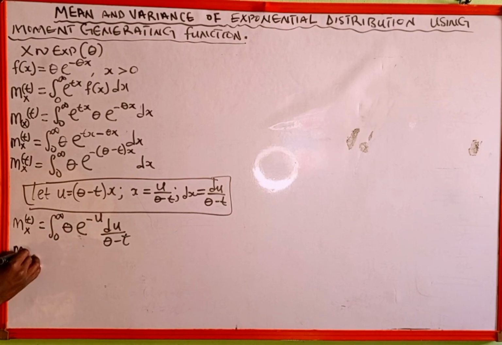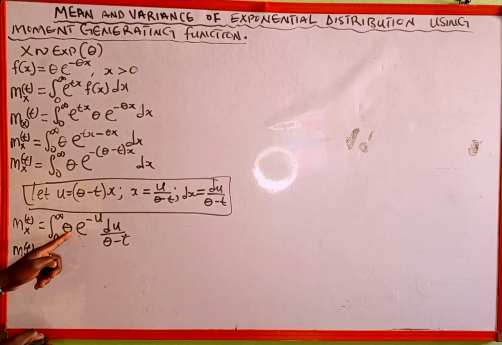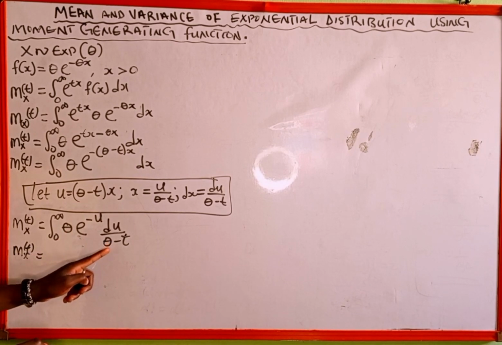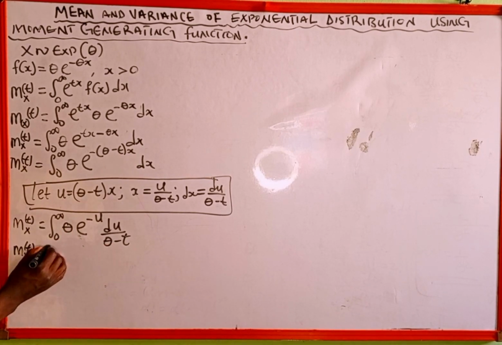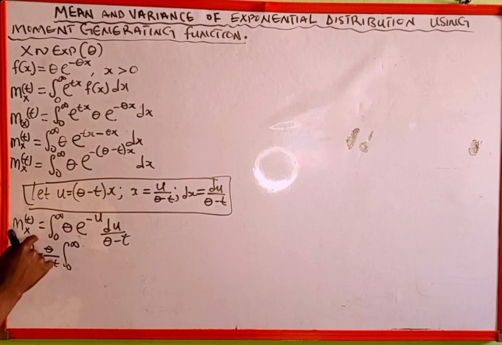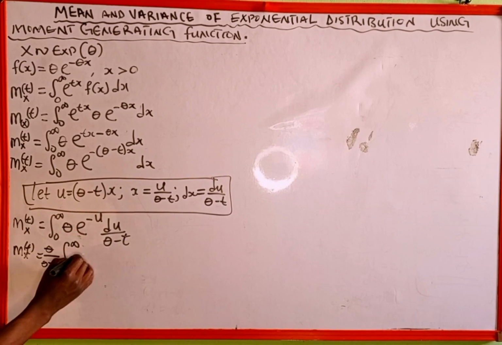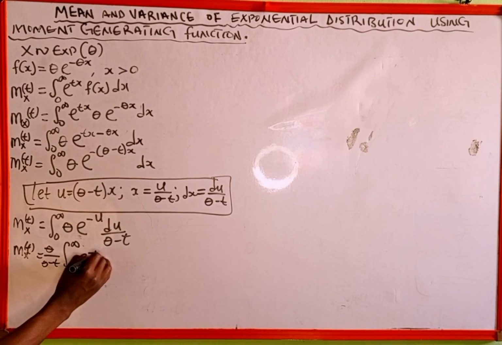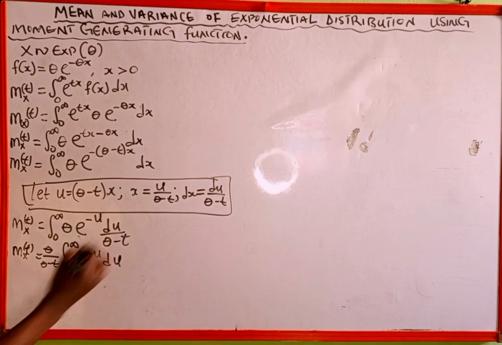Then M sub x of t will be equal to, we take out the constant theta over theta minus t. It's going to be theta all over theta minus t times the integral from 0 to positive infinity of exponential minus u, du.